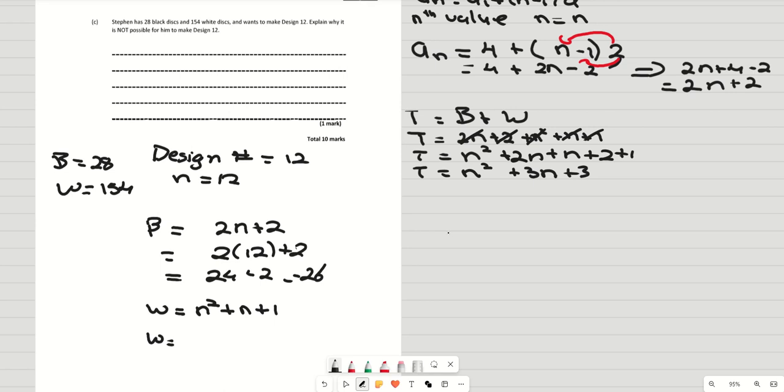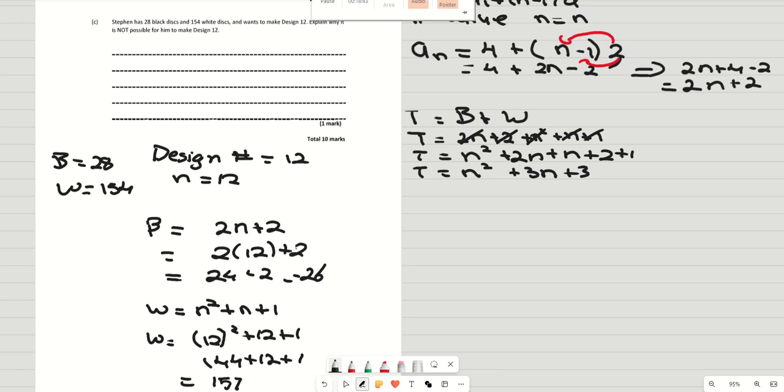W is equal to 12 squared plus 12 plus 1, that's 144 plus 12 plus 1, which is equal to 157. Now, if you compare how much is given, we have 154 white discs, but we need 157 white discs.